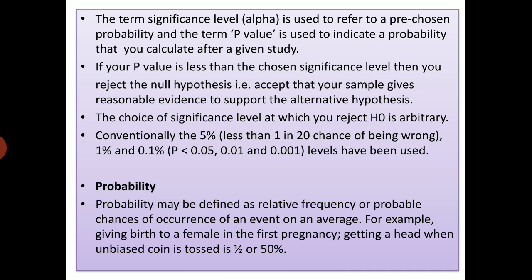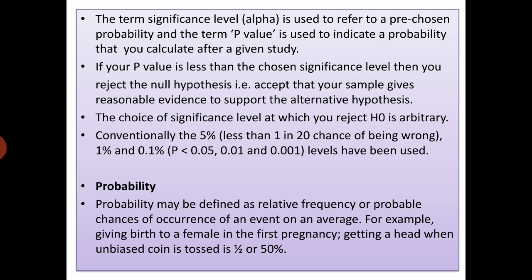If your p-value is less than the chosen significance level, so which are these significance levels? It may be 5%, that is 0.05. P-value should be more than or less than 0.05, or then 1%, 0.1% level of significance.